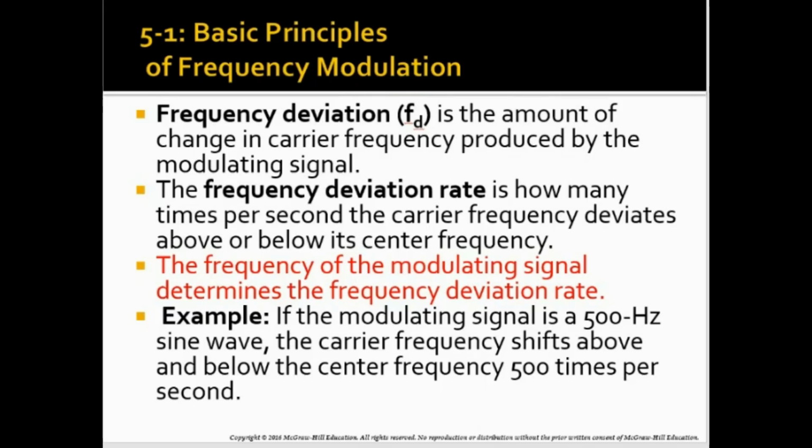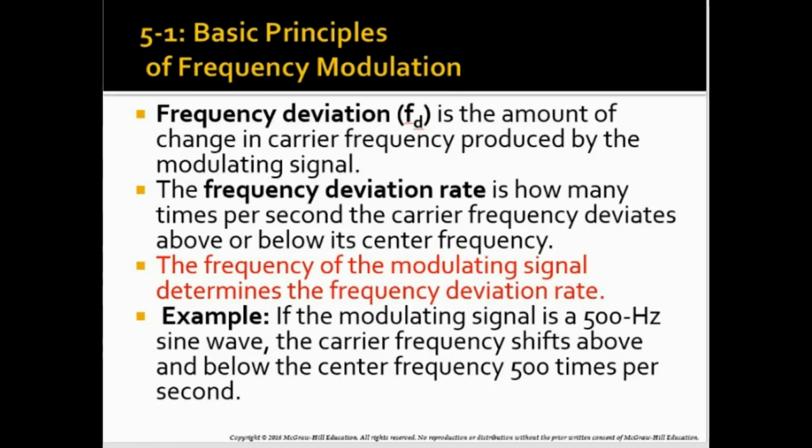Usually the systems are designed to limit it. It can be open to any value, but that frequency deviation is based on the modulating signal. So there is a maximum and minimum frequency change in the carrier.